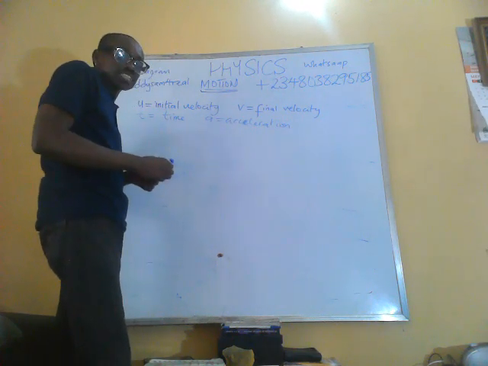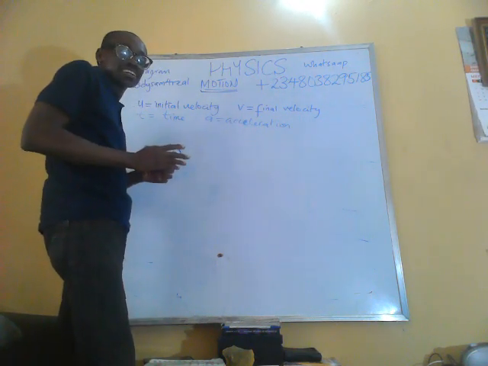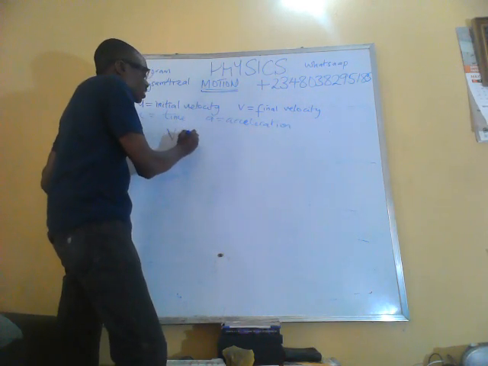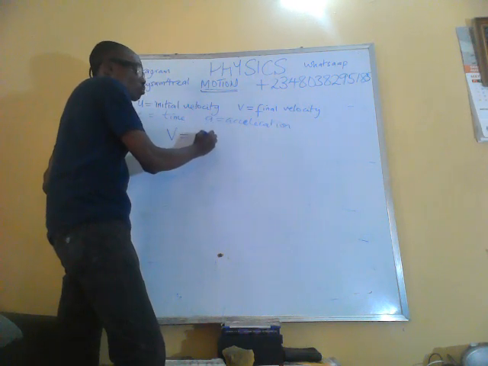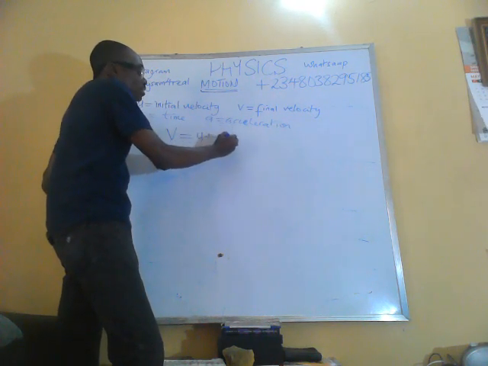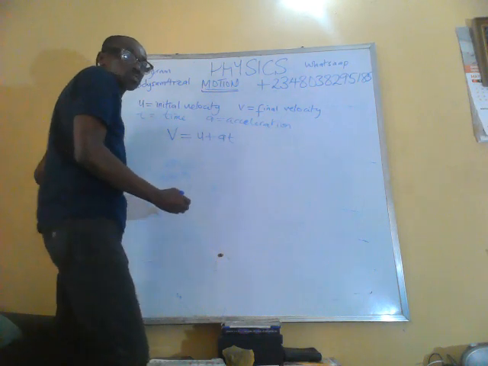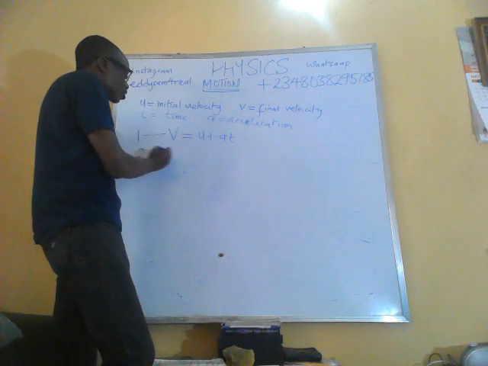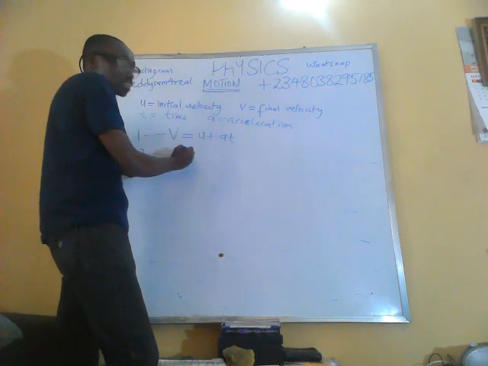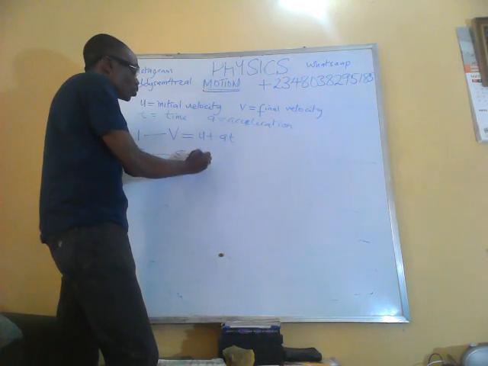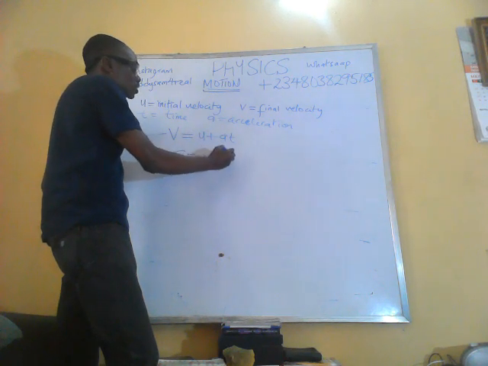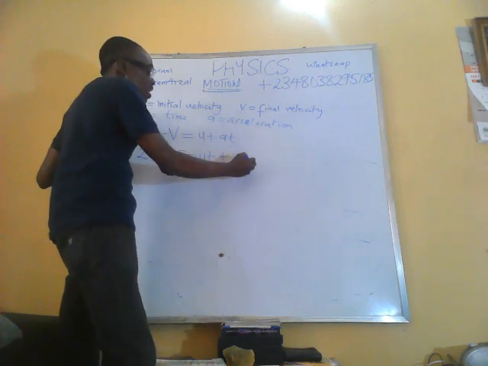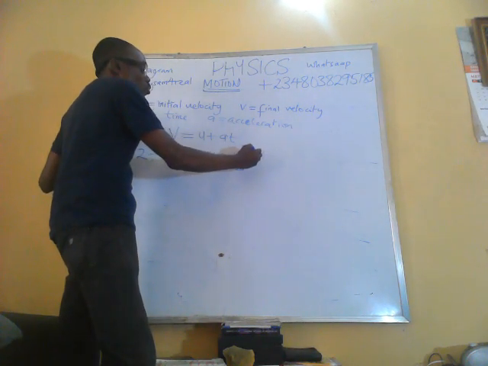We move ahead. The first equation is that v equals u plus at. This is the first equation of motion. The second equation is that s equals ut plus half at squared.